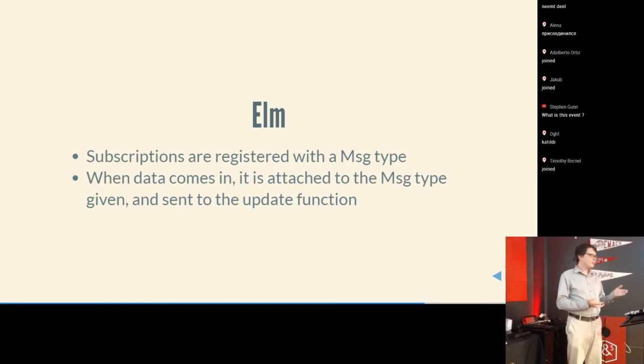You tell it what you want to subscribe to, and then you give it one of your message types, and it gives you back whatever data it gets. So for example, if you wanted to subscribe to WebSocket emits, or to ticks of the millisecond clock, you can subscribe to either one of those. They're both externally initiated by the system clock or by your WebSocket server.